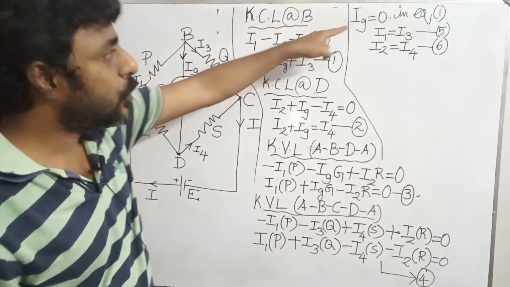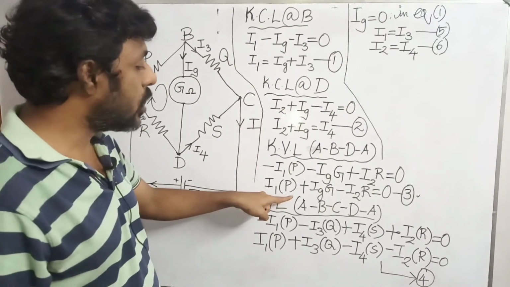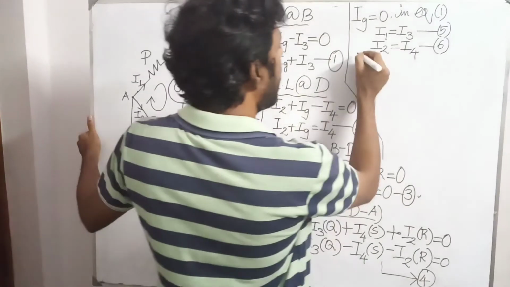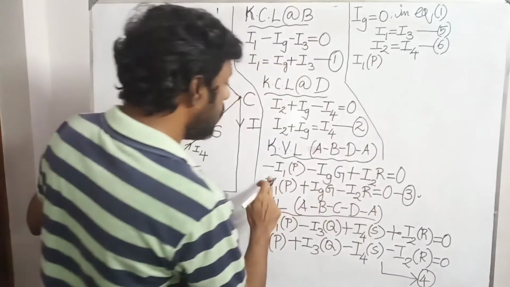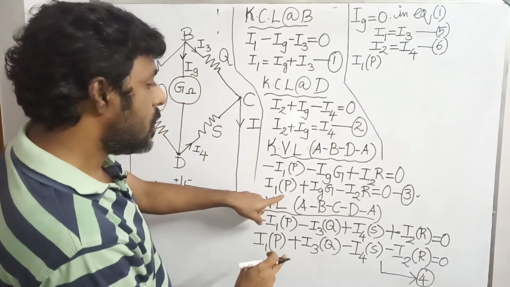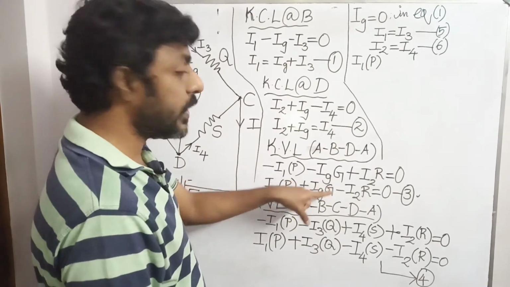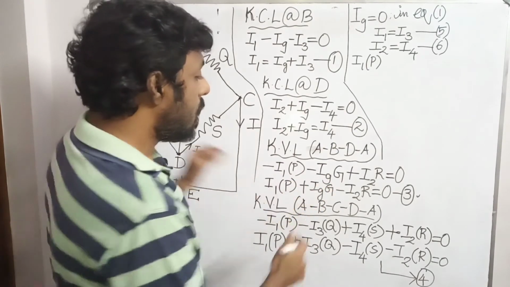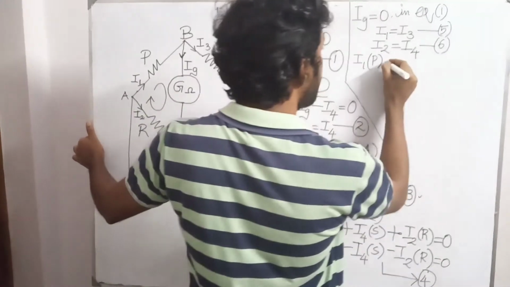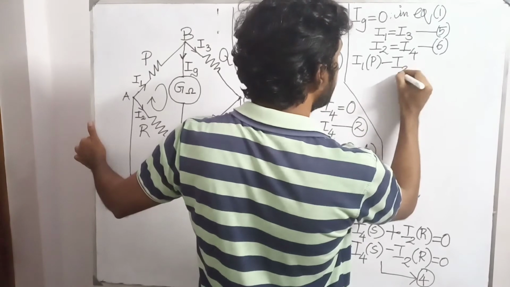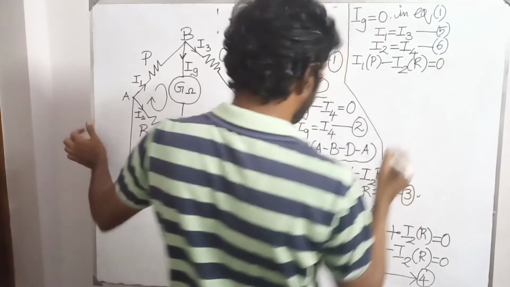Now I am going to put Ig equal to 0 in equation 3. So it will be I1 into P, and this Ig will be totally 0 because no current is flowing through the galvanometer, minus I2 into R will be equal to 0.